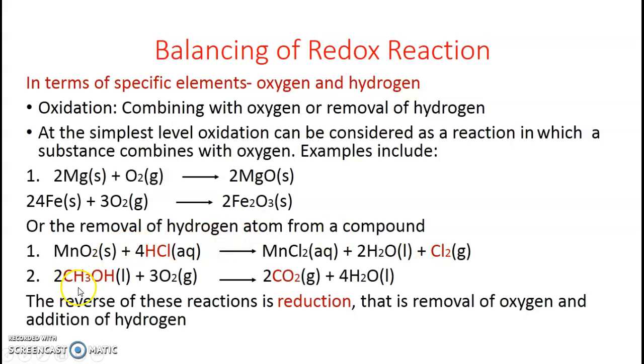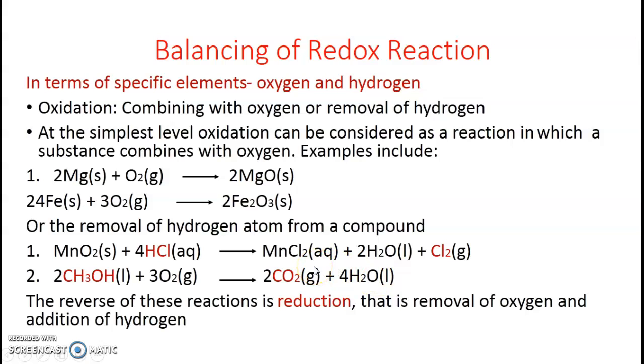So we can say chlorine has undergone an oxidation reaction here. For methanol, we have 4 hydrogens here. After the reaction, all of these hydrogens have been removed, so we can say the methanol has undergone oxidation. The reverse of this reaction constitutes reduction, and that means removal of oxygen and addition of hydrogen.